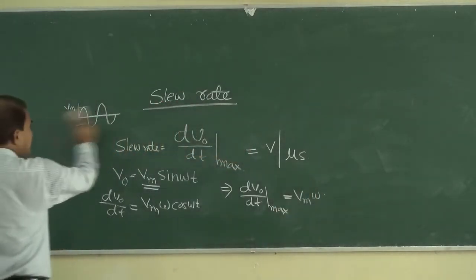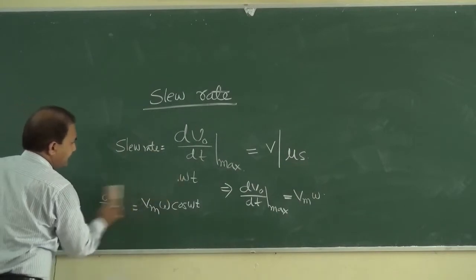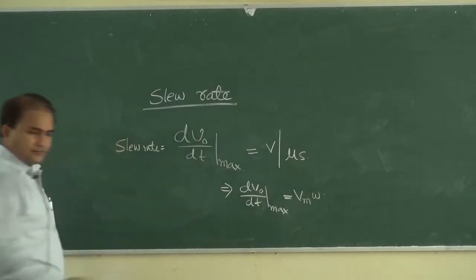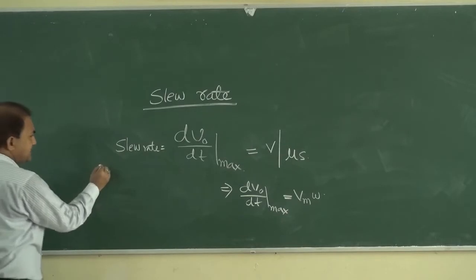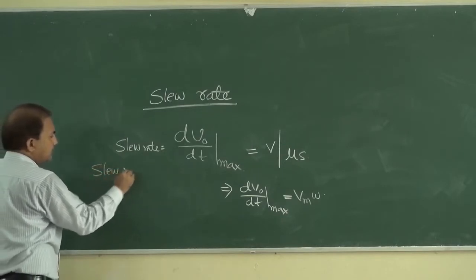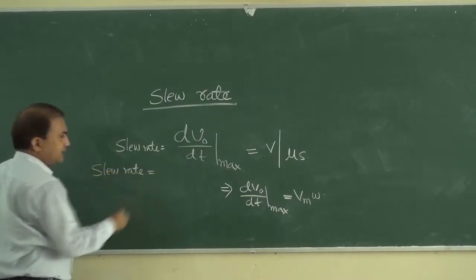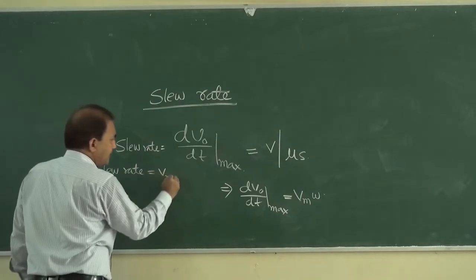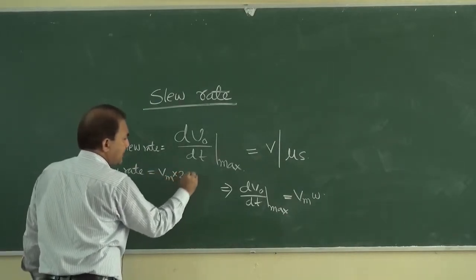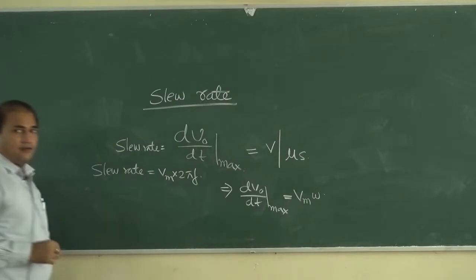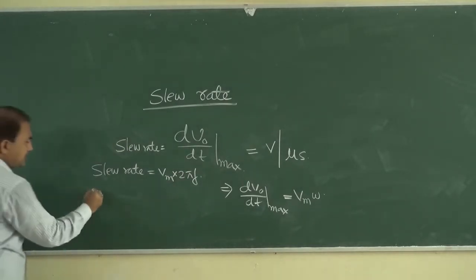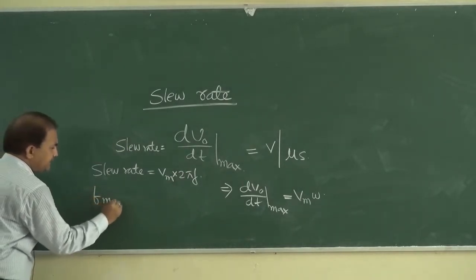So from this we can determine the slew rate. Slew rate is equal to Vm multiplied with 2 pi f. From this we can determine f maximum.